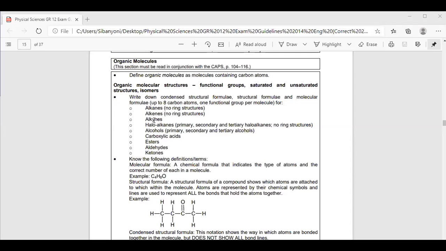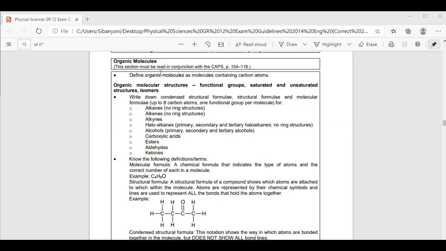Now, the first tip here, my dear learners, is that when we ask you to define any term in physical sciences, both paper 1 and paper 2, we are only going to accept definitions from the examination guidelines. We will not accept any definition from your textbooks as such, if it actually deviates from the definition that we are getting in the examination guidelines.